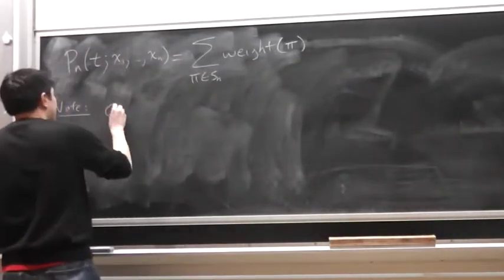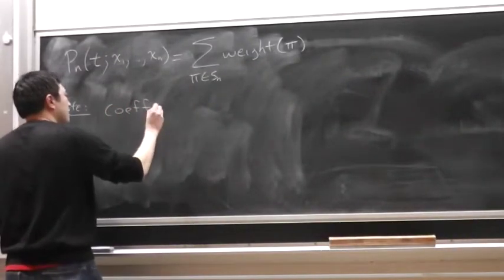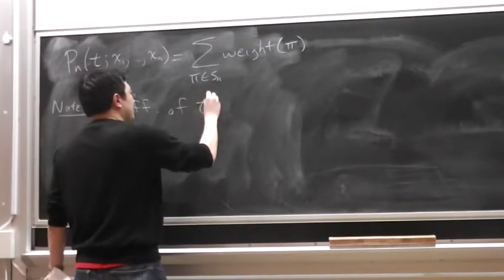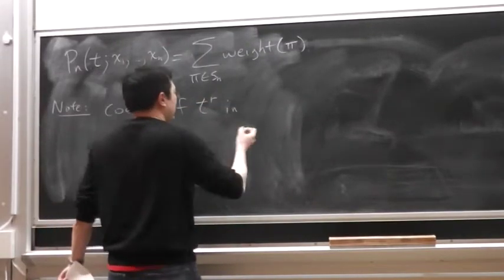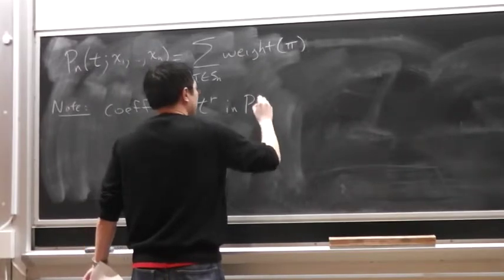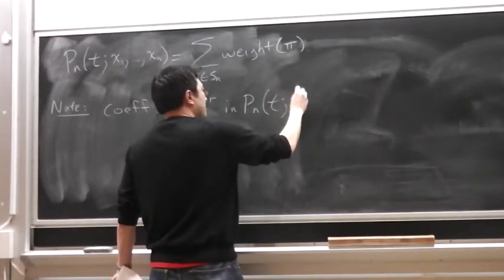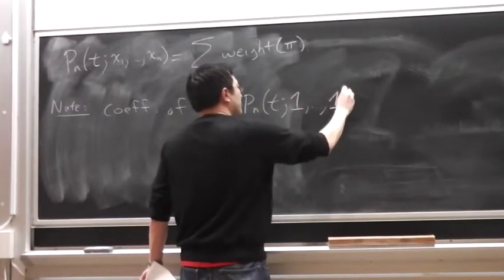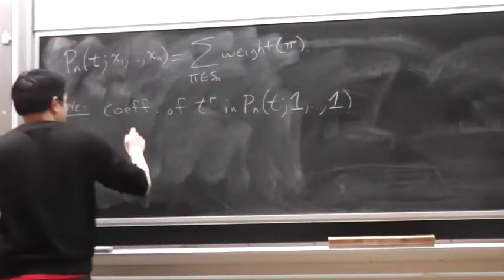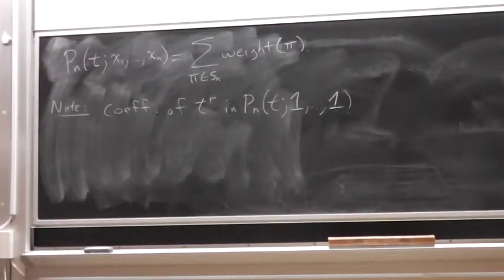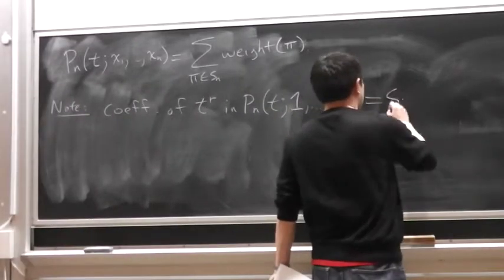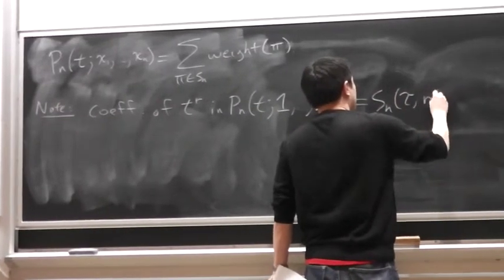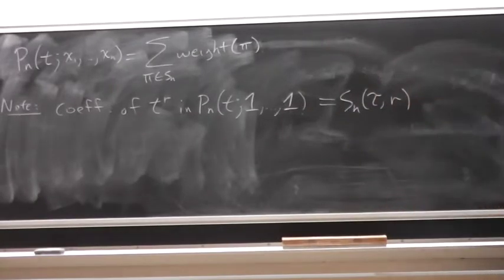So that the coefficient of t to the r in this thing here, where I set all the x's to 1, will be exactly Sn tau r, the expression I care about.